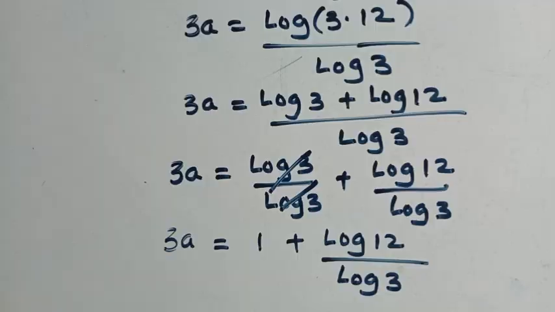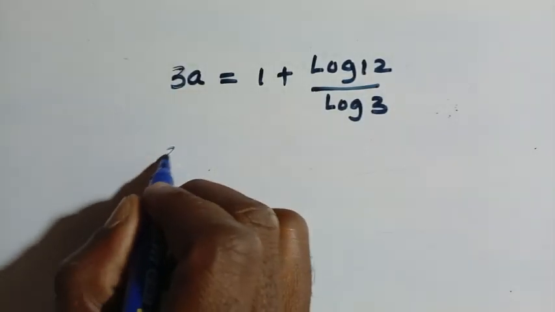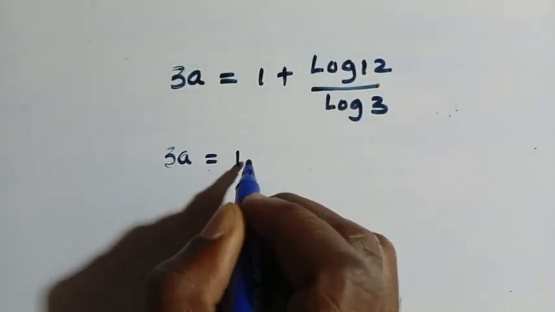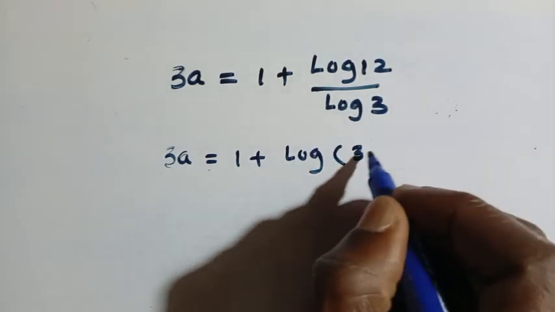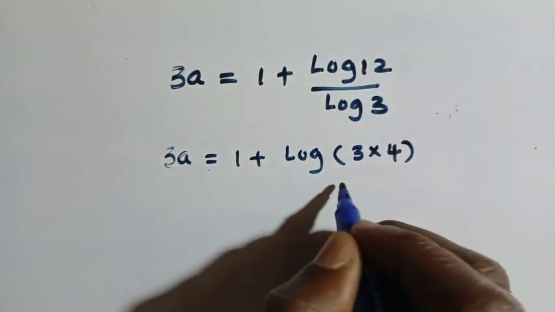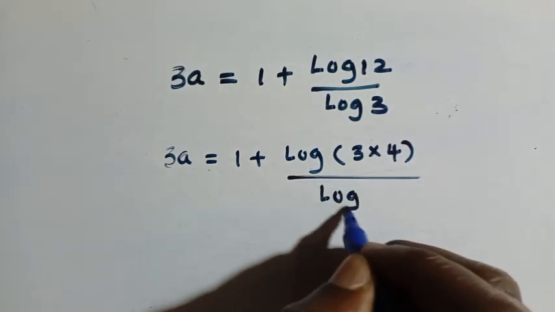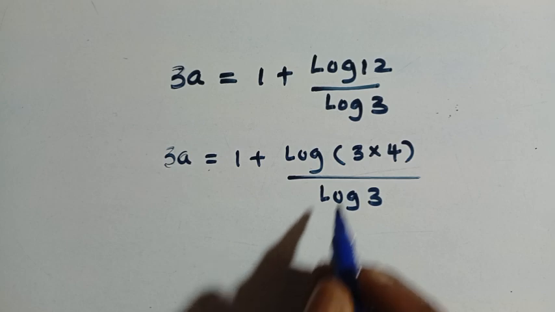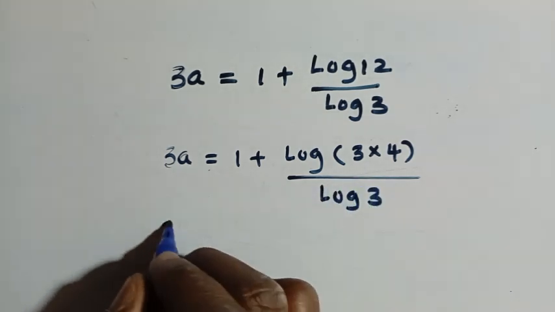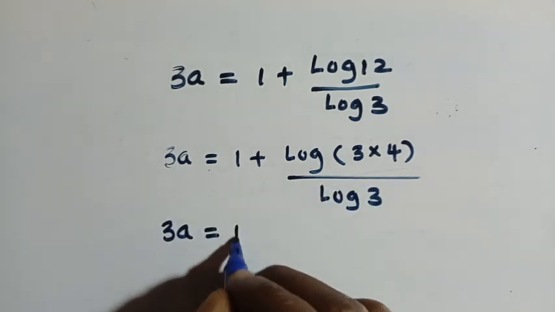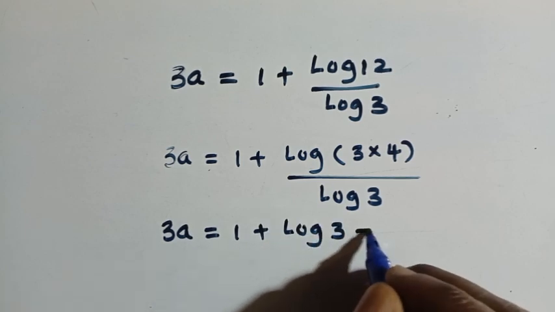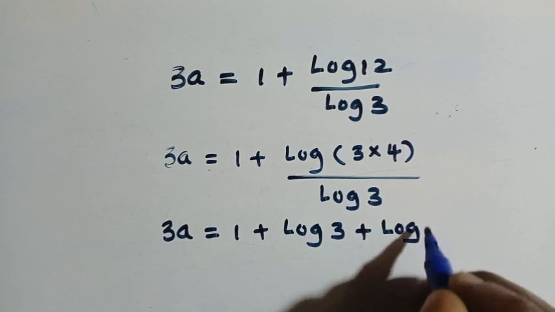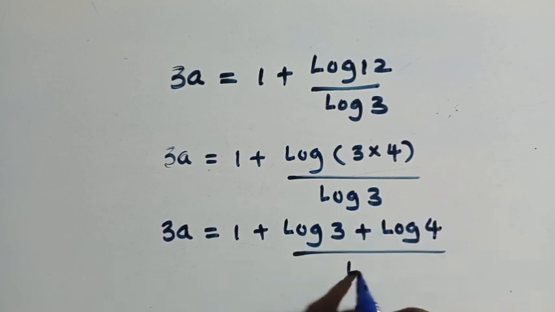Next, 12 can be written as 3 multiplied by 4, and by the rule of logarithm, 3a equals 1 plus log 3 plus log 4, divided by log 3.